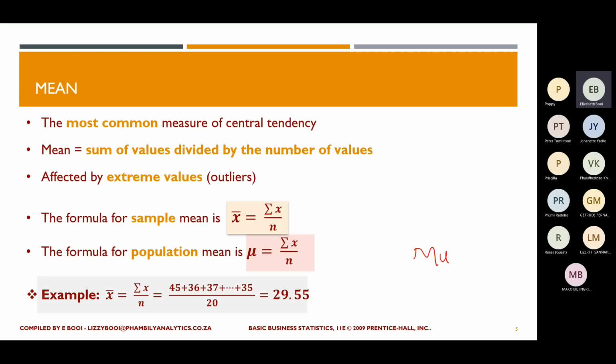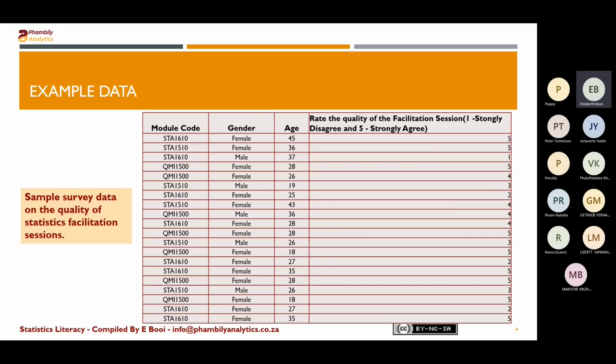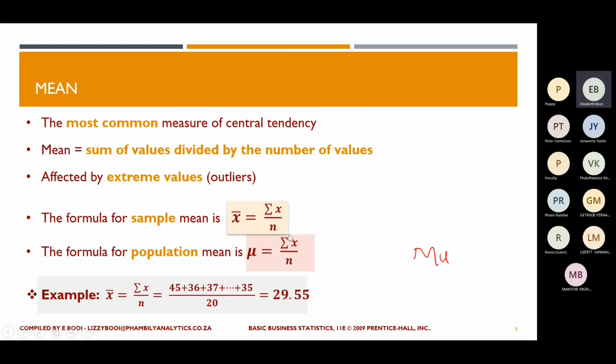Looking back at our example, we know that we have 20 sample data points. We counted it last time when we were visualizing the data. So there are 20 records here, and that will be our n. We take all those values, add them up together and divide by 20, and that will give us the sample mean.